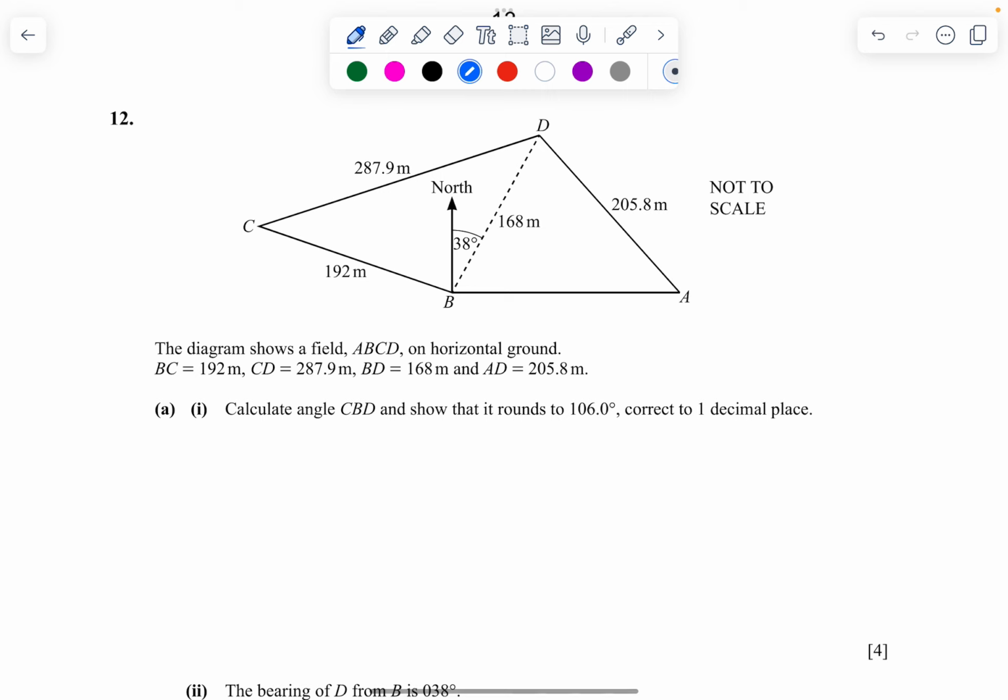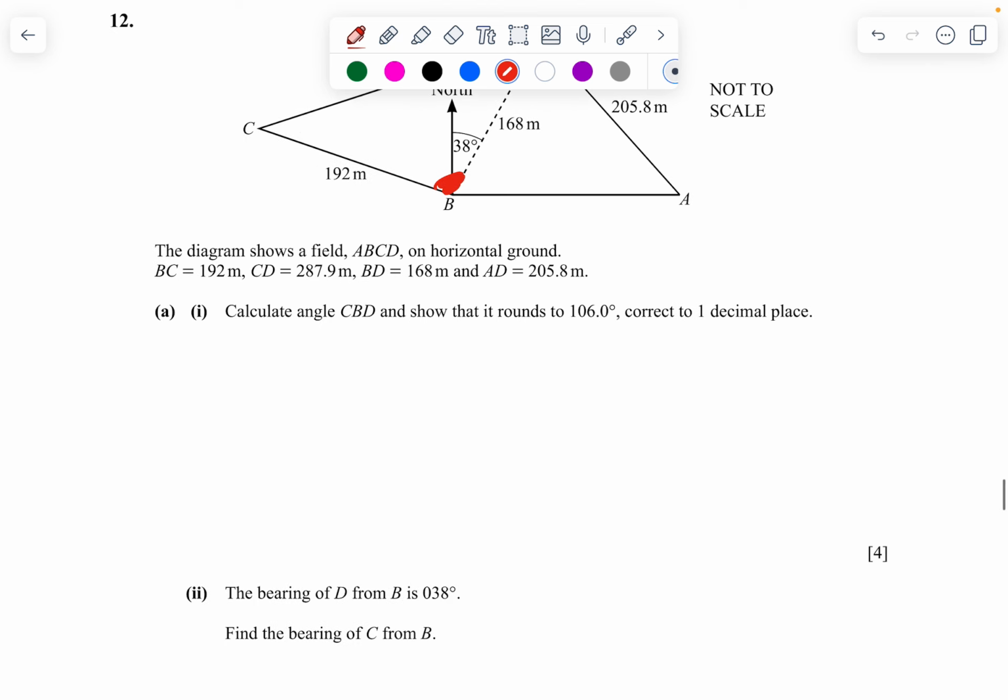Next, question number 12. The diagram shows a field ABCD on a horizontal ground. BC equals 192, CD is 287.9, BD is 168, AD is 205.8. Calculate angle CBD and show that it is 106 degrees. Where is CBD? This particular angle.